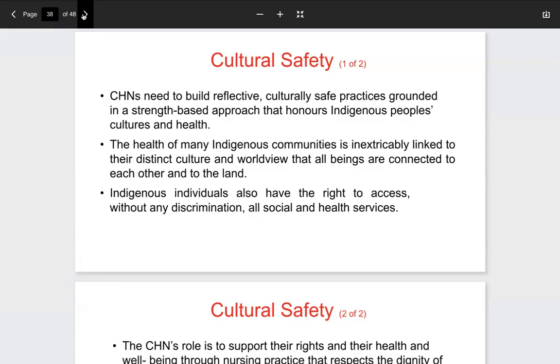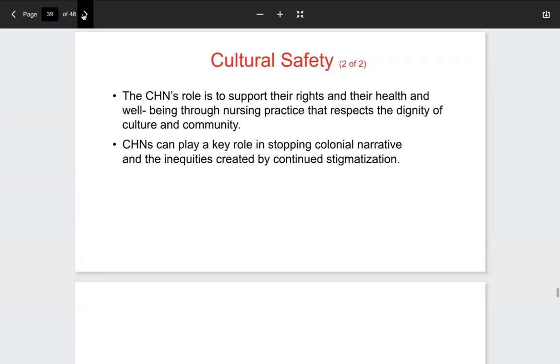The health of many Indigenous communities is directly linked to their distinct culture and their worldview. And Indigenous communities have the right to access all social and health services without any discrimination. Our role is to support those rights, their health and well-being, and their access to these services, so that they can get these needs met with respect and dignity.